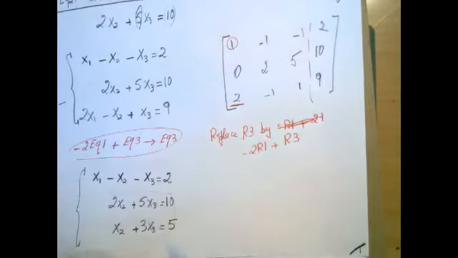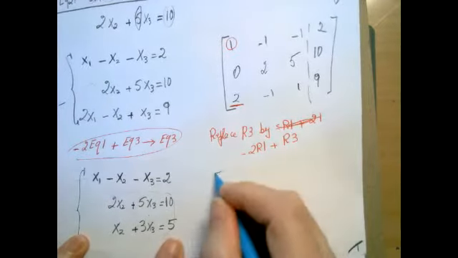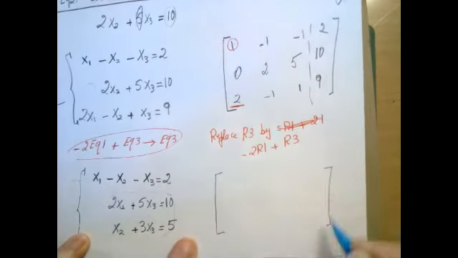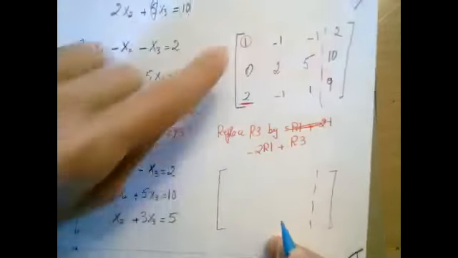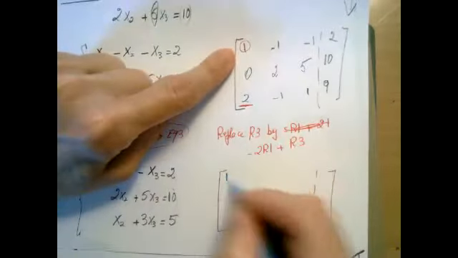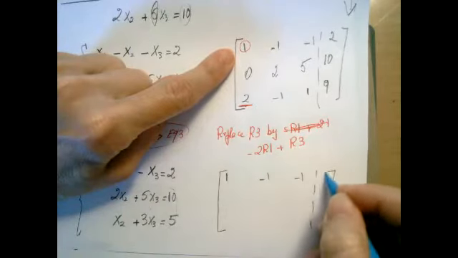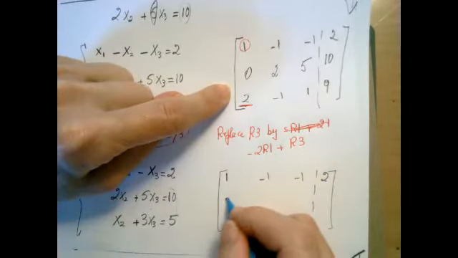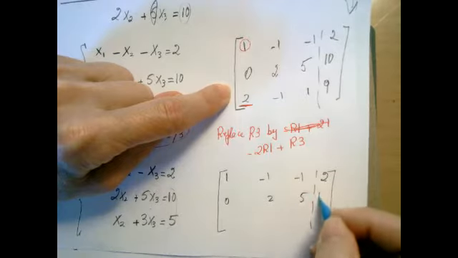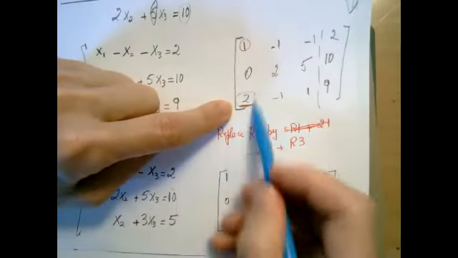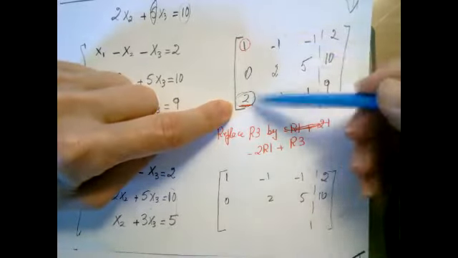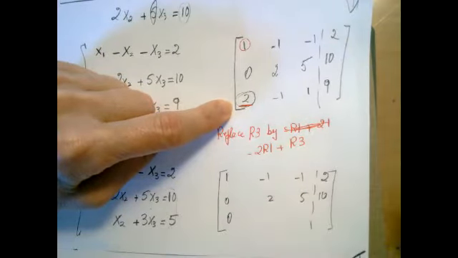Now, if I do it, I should get the system here, but we're going to do it on the matrix instead of doing it on the equation. So I kept the first one, I did not touch it, I did not touch the second row. It's here. I want to get rid of this 2. So I do -2 plus 2, it's a 0.